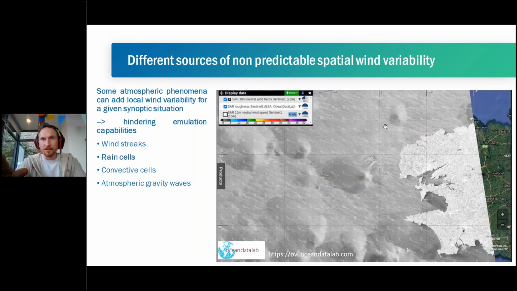A second example in this case is a typical case of northwestern wind, where we can see this type of patterns that are characteristic of rain cells that are adding on top of the synoptic wind, and which are creating some variability in the overall wind situation.